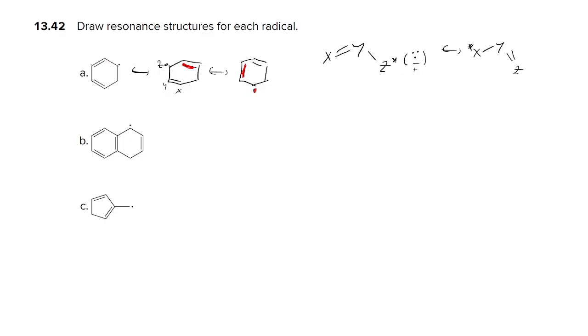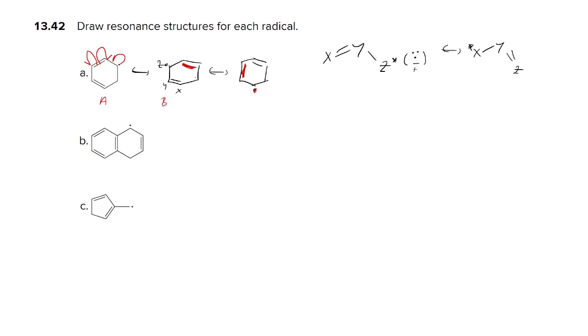In the first molecule, we need to create a pi bond, and that pi bond can be created by shifting this radical, this unpaired electron here, and also one of the pi electrons moving there to make the pi bond, and the other electron in the pi bond should move as an unpaired electron. So we can shift from A to B that way.